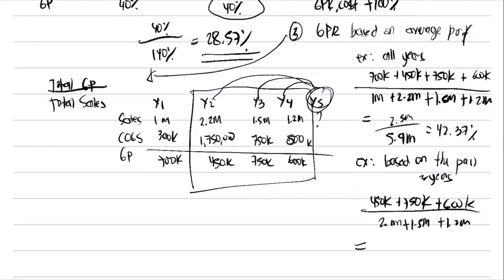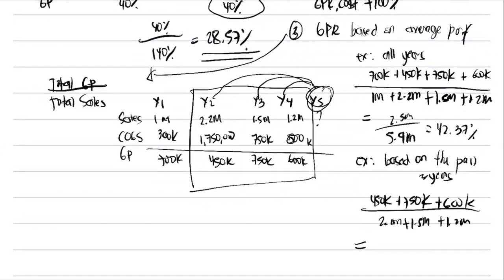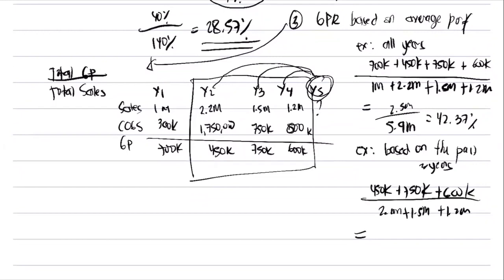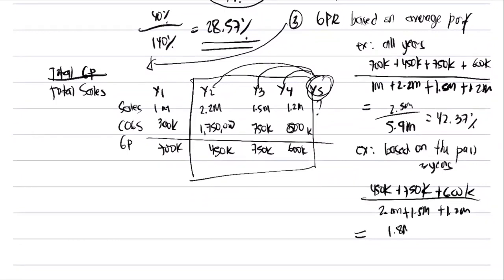So how much is this one? We have 1.8, I think. 1.8 million divided by 4.9 million. So 1.8 divided by 4.9 is 36.73%. So our rate now is 36.73%.